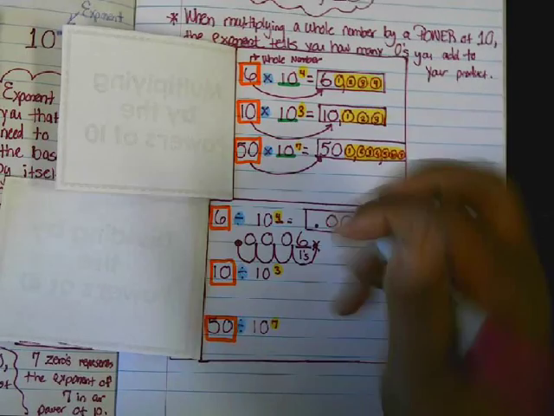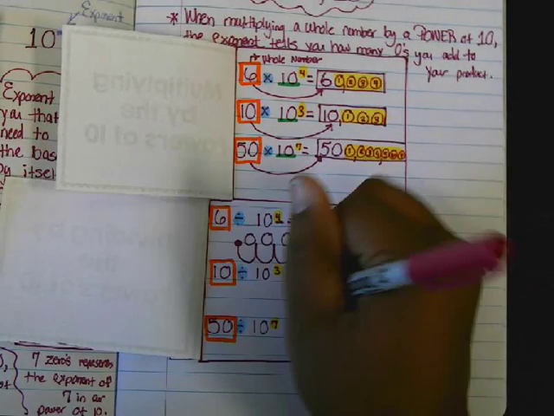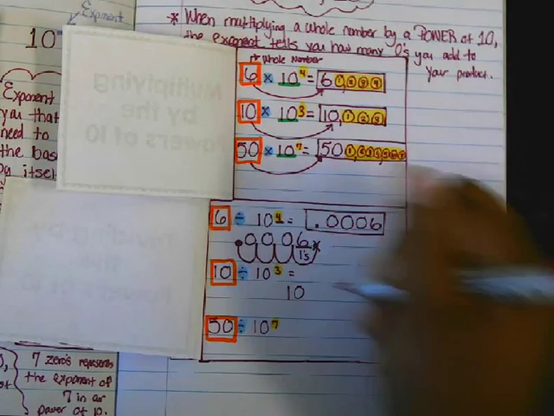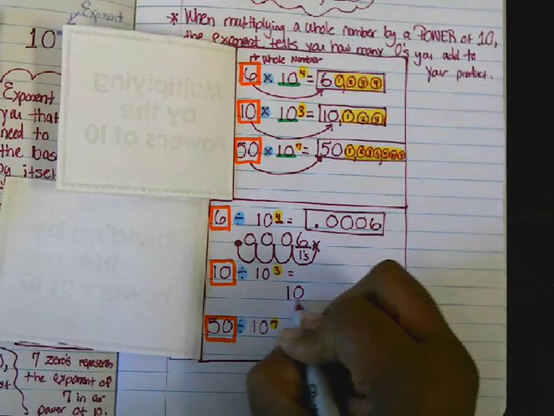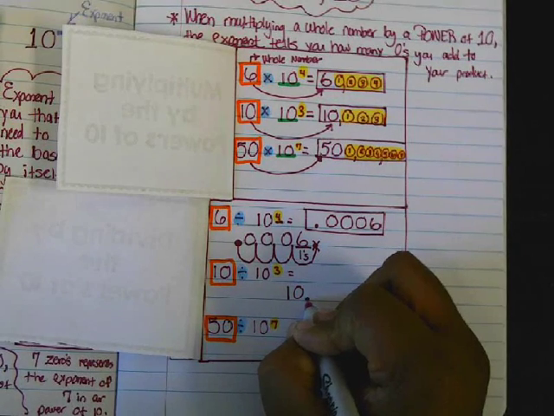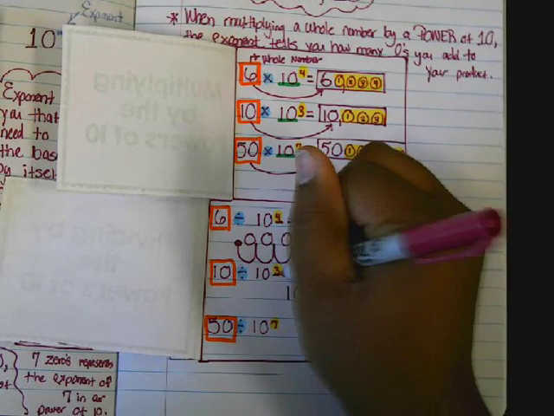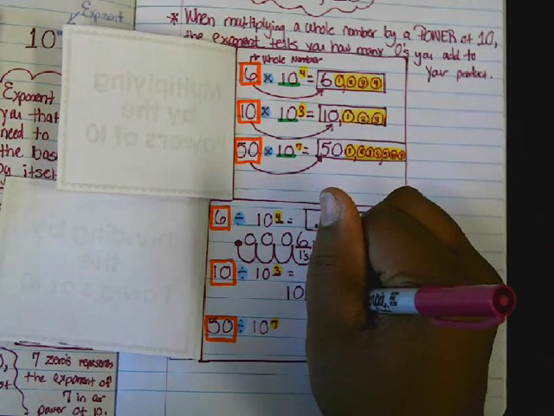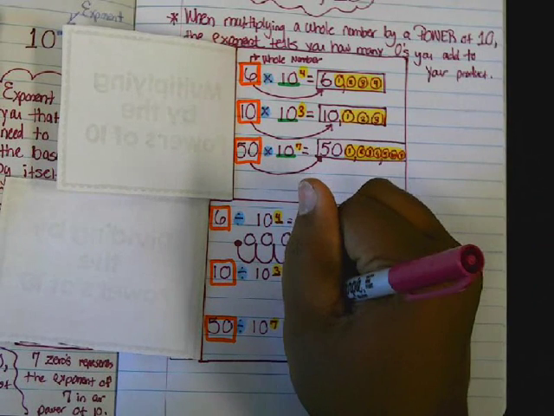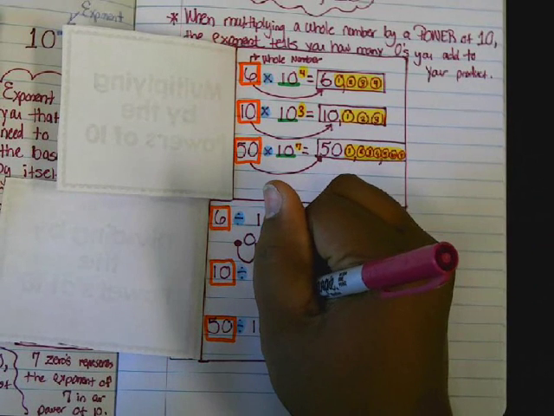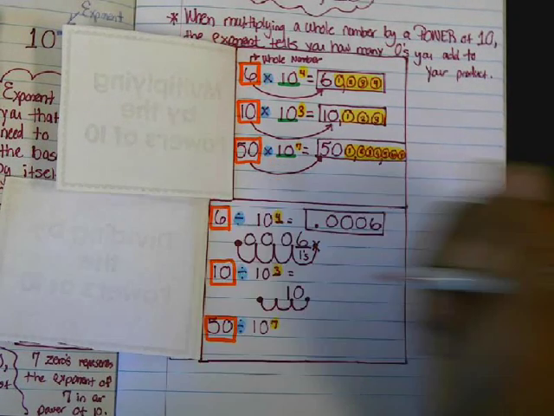I'm going to write my whole number of 10 right here. Now the 0 is in the ones place value, so my decimal point, we have to move it. Because my exponent is showing 3, I'm going to have how many dips? 1, 2, 3. That is my new home for my decimal point.